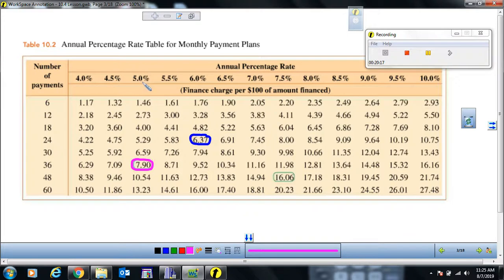Well, now, because of 36 months and you found the amount of dollars that is going to be the finance charge for every 100, and you make the connection of 36 months with this amount of dollars, then you get to the conclusion that the APR is going to be 5%, because that's the column where this row joins the 790 with the 36. So 5% is going to be the APR.